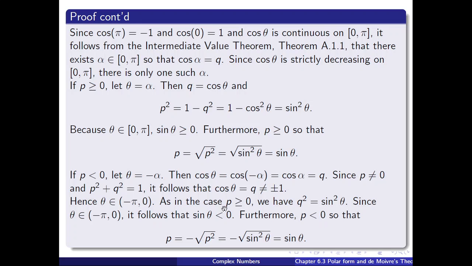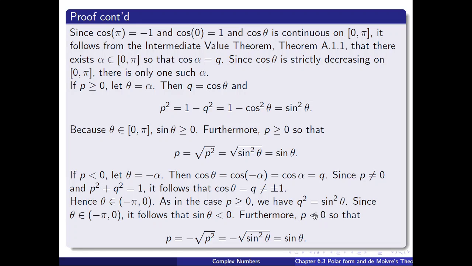So as in the case p is greater than or equal to 0, we have that p squared is equal to sine squared theta. And now since theta is in the open interval (-pi, 0), it follows that sine theta is less than 0. Now furthermore, we know that p is less than 0.